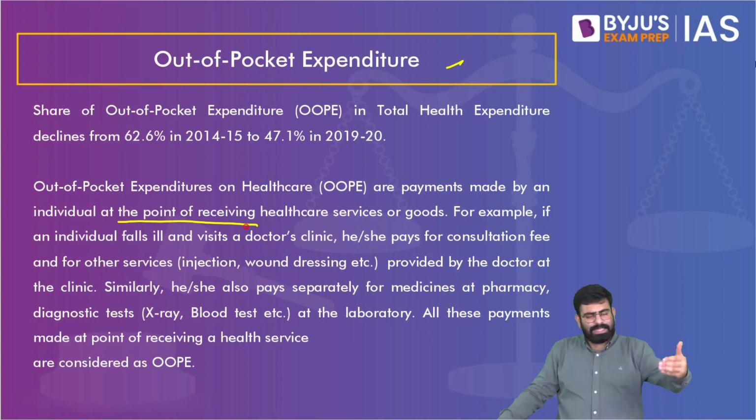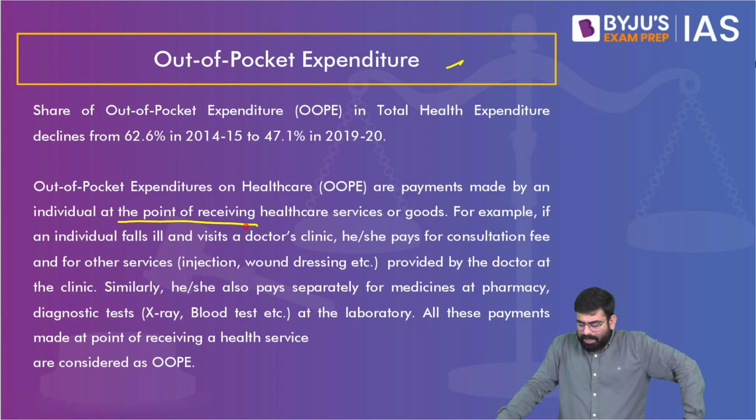You get those tests done, and you have to pay again. Now, after going through those reports, the doctor would prescribe a few medicines. The doctor can suggest an operation or any other medical treatment, and you would have to pay for those services as well. So this is basically your out-of-pocket expenditure.